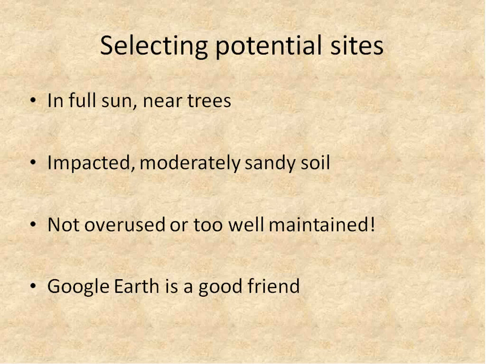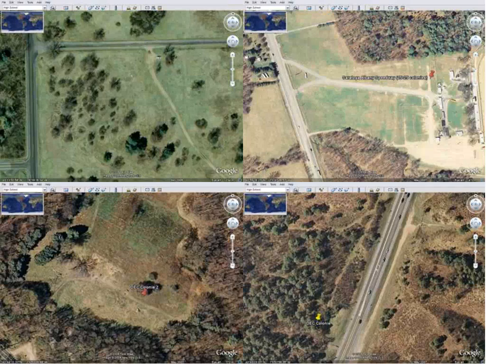But I primarily use Google Earth to select sites and then drive out to find those spots. So here's a few examples of that. These are aerial images from Google Earth, and so you can see right here, this is a prime location from space. We can see these wonderful sandy soils, and I drove out here and was able to find a colony right out here.